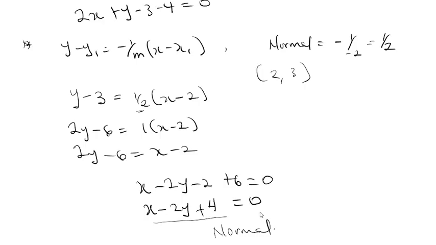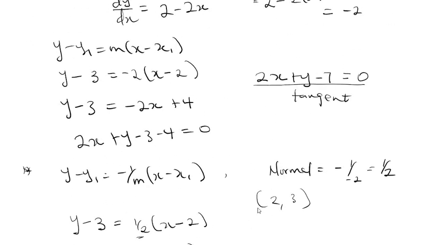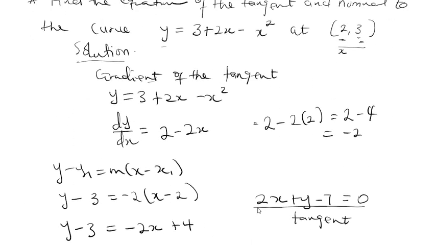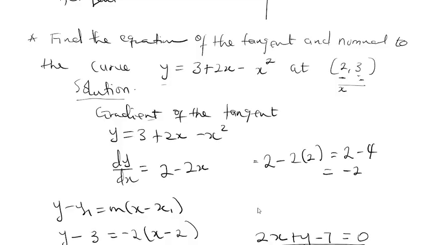Yes. Let's take another example on this and see how we would solve this. So it means that when you are given the question to find the equation of a tangent and normal, the first derivative will give the gradient. The first derivative evaluated at the point given will give you the gradient of the tangent.